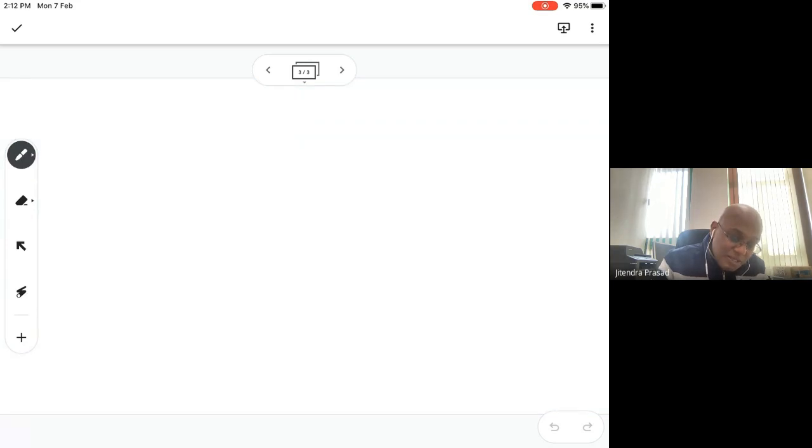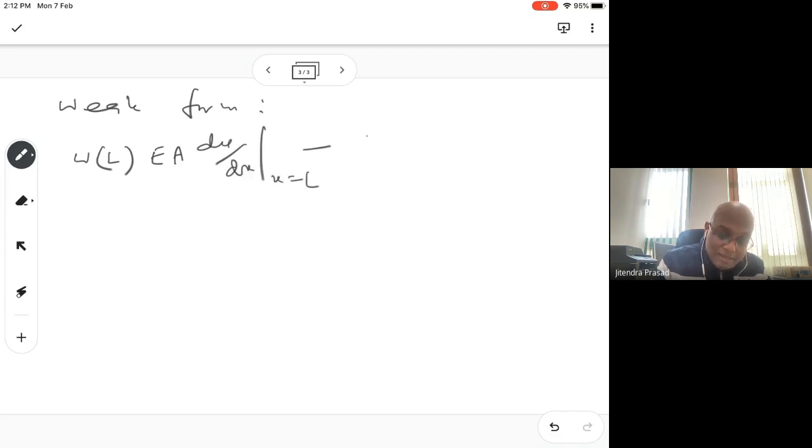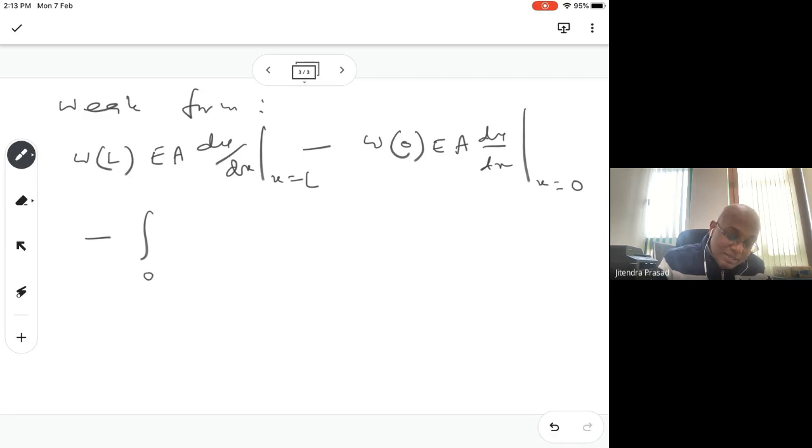We have the weak formulation: w(L) EA du/dx at x = L, minus w(0) EA du/dx at x = 0, and then minus the integral from 0 to L of EA dw/dx du/dx, equal to 0.